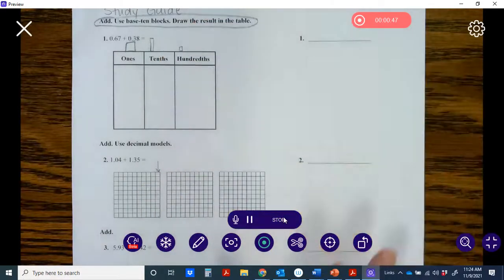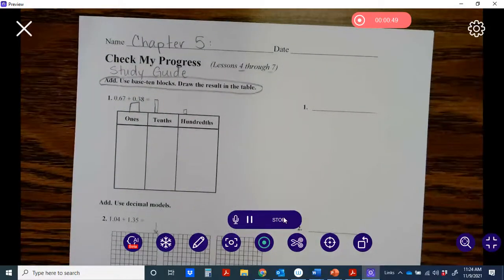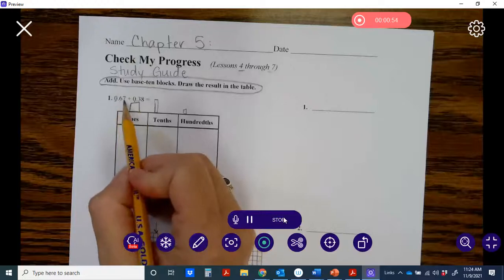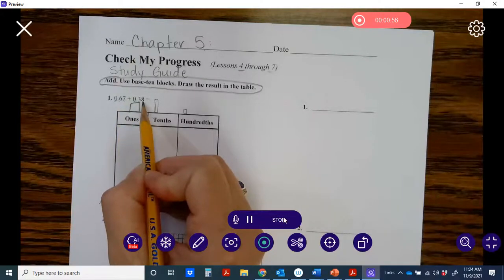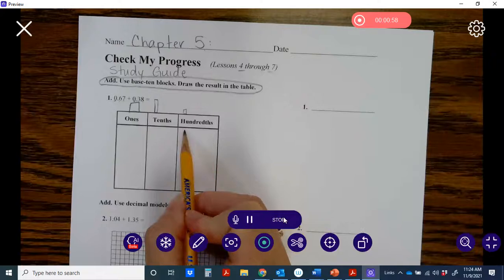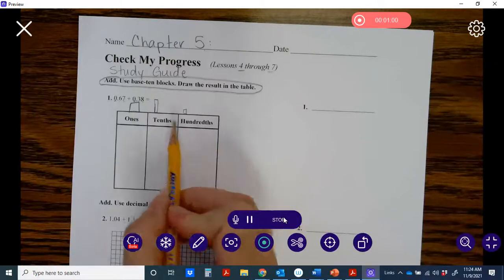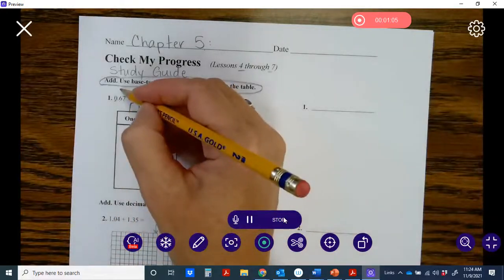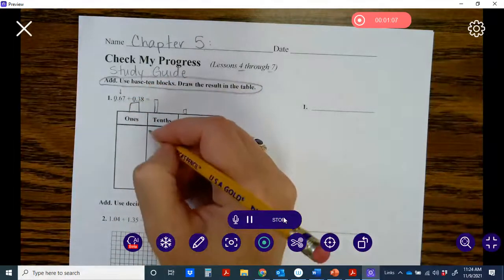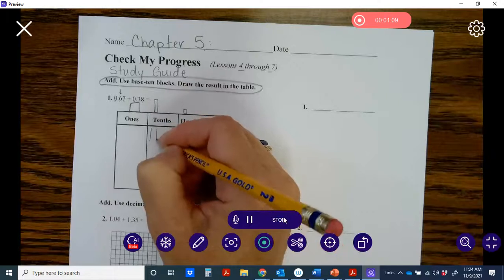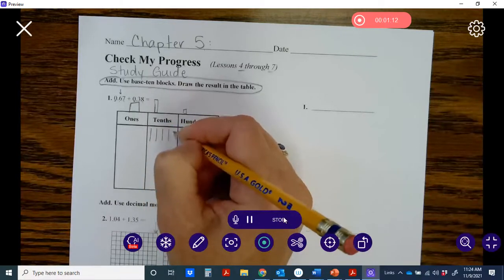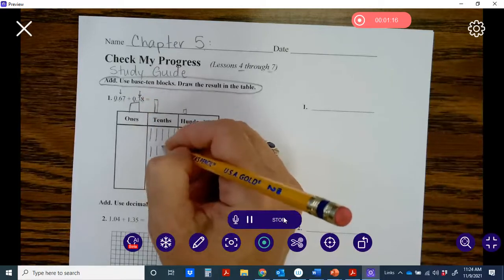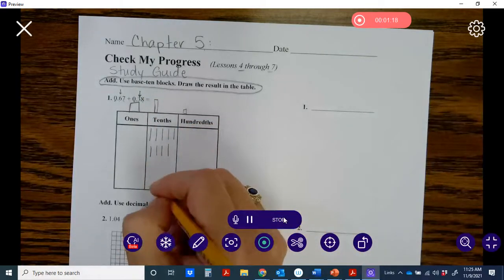Okay? So for our addition problem, we don't have any ones. We have 67/100ths and 38/100ths. I could draw 67 little tiny blocks or 38, but instead what I'm going to do is draw 6/10, 3/10, and that's going to give me a total of 9/10.